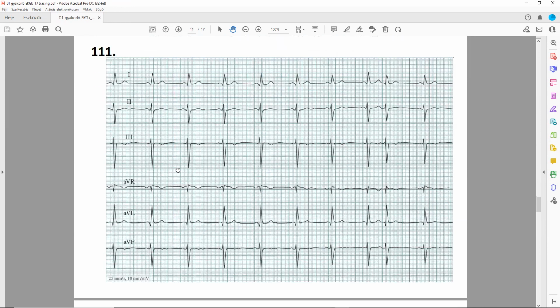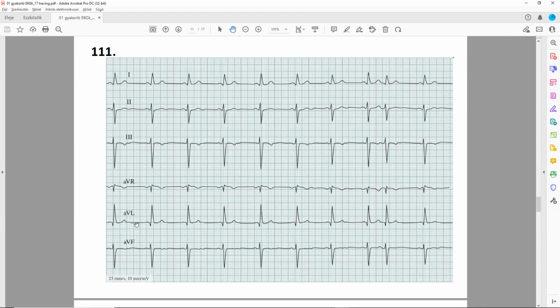Okay, let's see this. It's for me, and I think it is rhythmic, except here. So it's arrhythmia. And the heart rate, I think it is arrhythmia, so I need to calculate again.